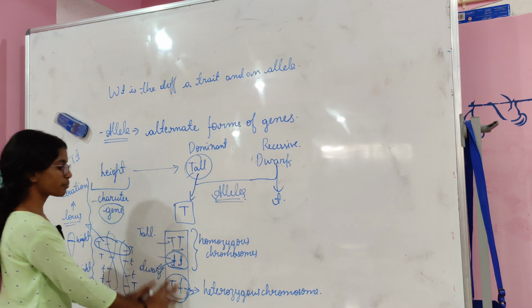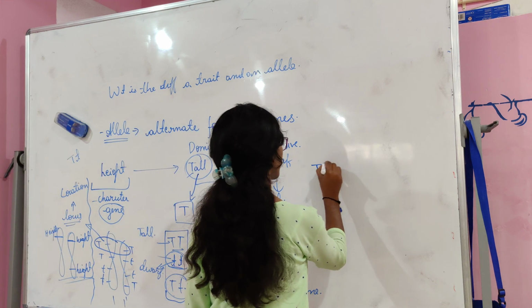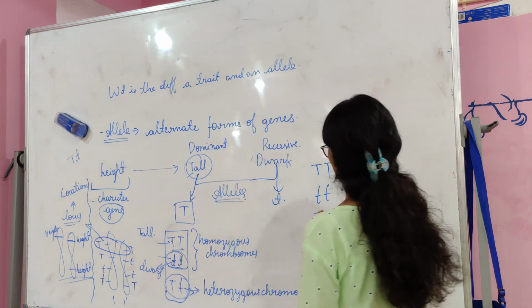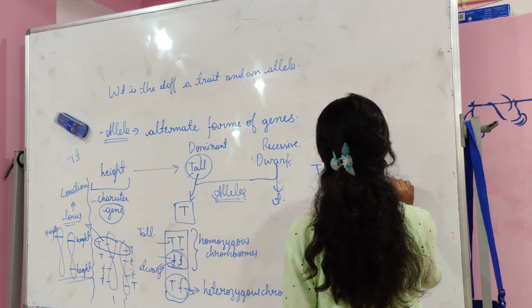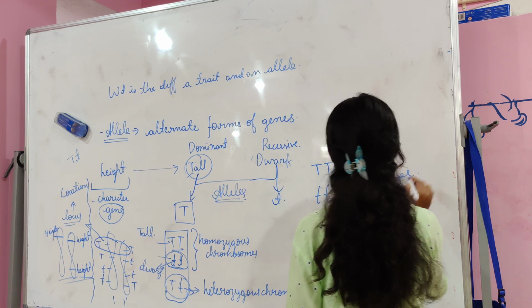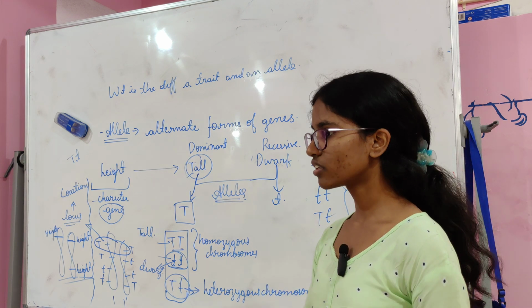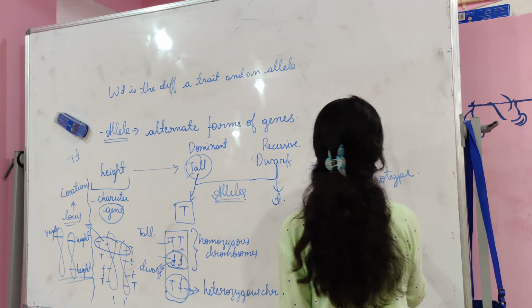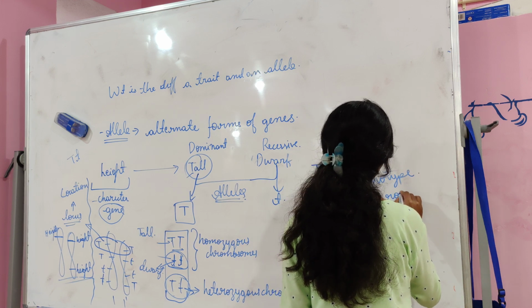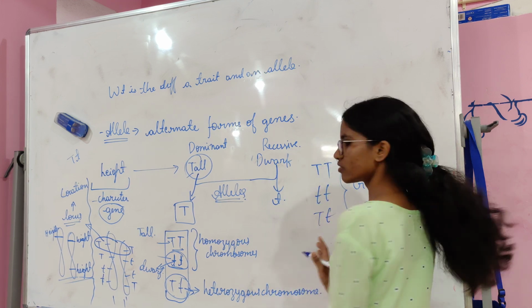Okay. And this representation, writing it as TT, small t, capital T, small t, this representation is called genotype. Genotype is something which is present inside. We have to see it with a microscope. Only then it is seen. Understood?